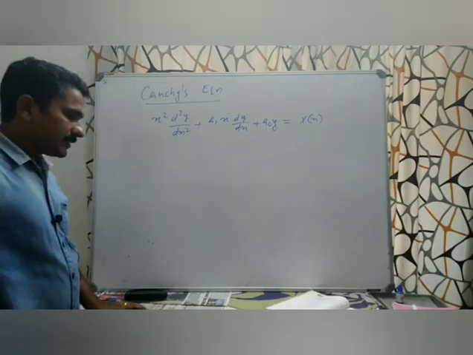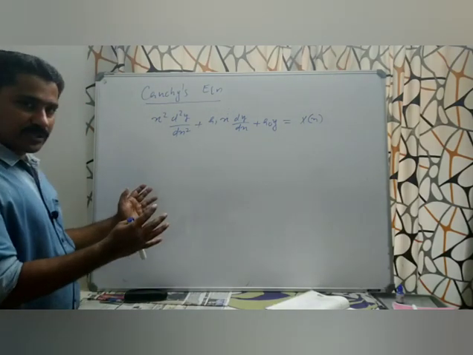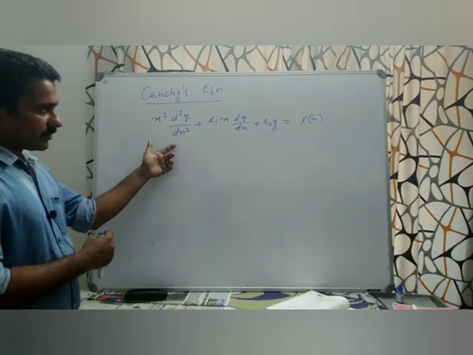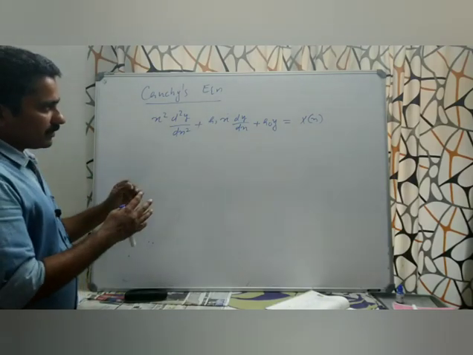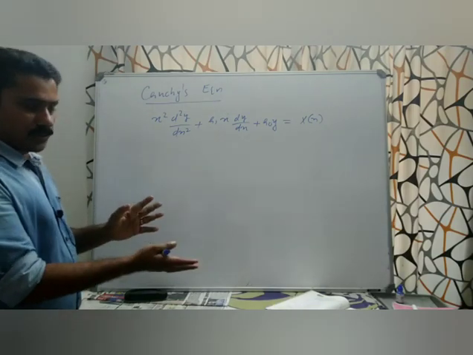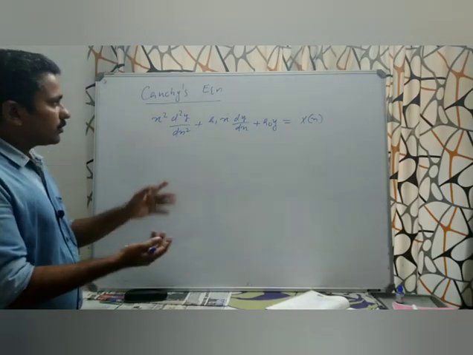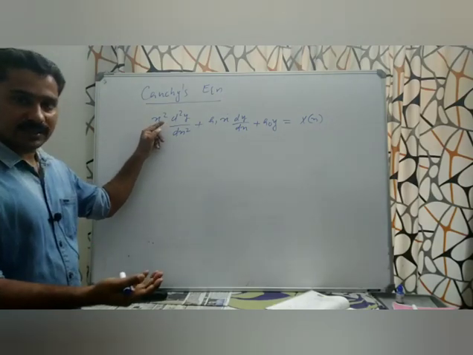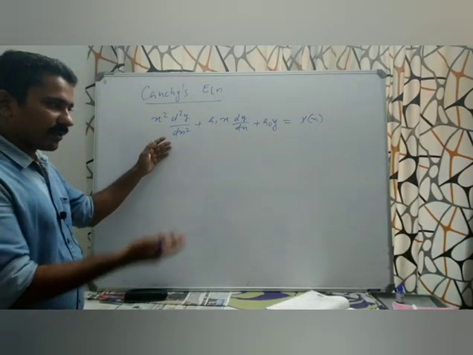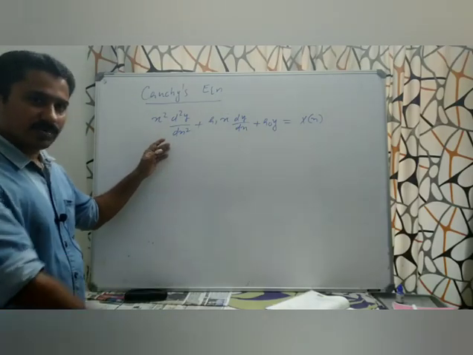The method is, we give a substitution for this problem. We give a substitution for x actually. Then this equation is reduced to a linear ordinary differential equation with constant coefficients. Then any of the previous methods can be applied and we can solve that.